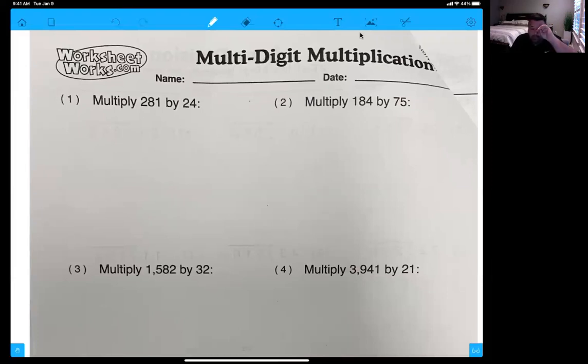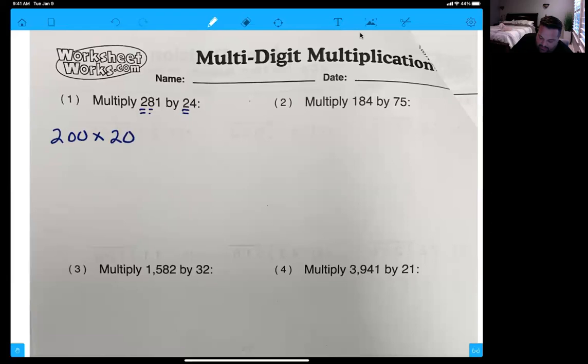So I'm going to break up my first example for number 1, and I'm going to do it by breaking down the numbers and multiplying them. So if I look at 281 by 24, I'm going to take out this 200 right here and say 200 times this 2 right here, which is 20.